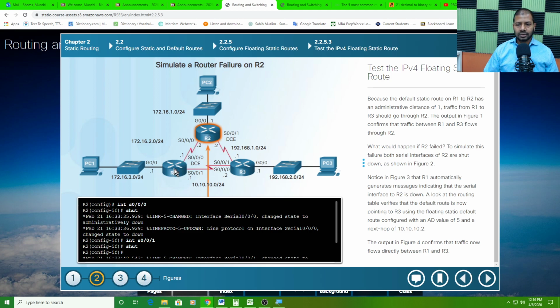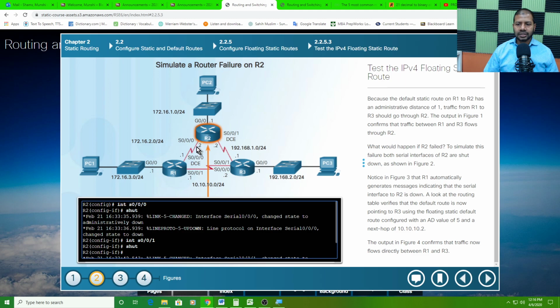From R1, I have two different paths. I'm repeating, from R1, I have two different paths. One path goes via R2, another way goes to R3, and then to the other network, whichever you want to go to. Now, in this case, they are actually doing it in R2.